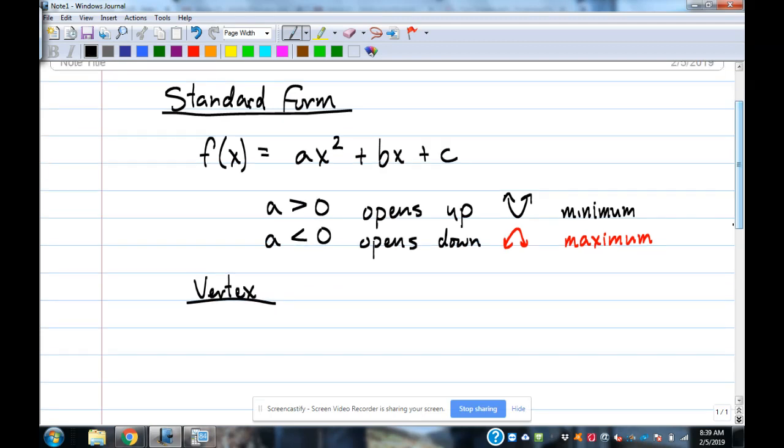Anybody remember how to find the vertex from a standard form parabola? That gets us what part of it? That gives you the x value, negative b over 2a.